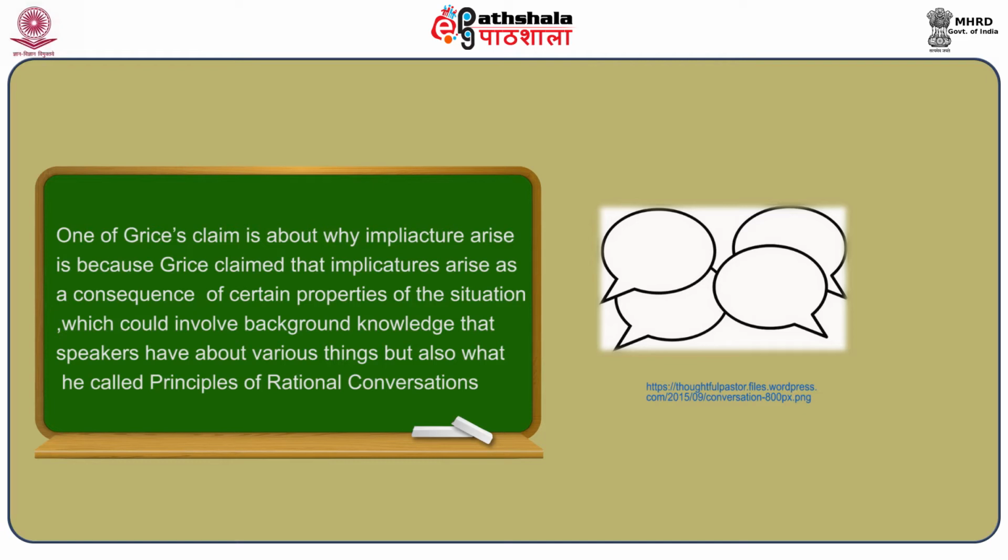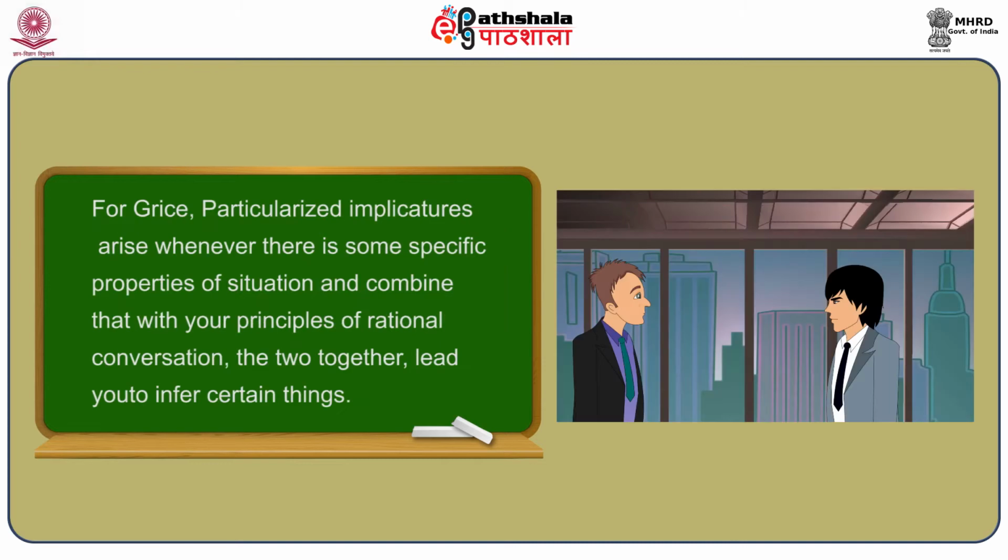This could involve background knowledge that speakers have about various things, but also what he called principles of rational conversation. For Grice, particularized implicatures arise whenever there are some specific properties of a situation. Combine them with your principles of rational conversation, and the two together lead you to infer certain things.